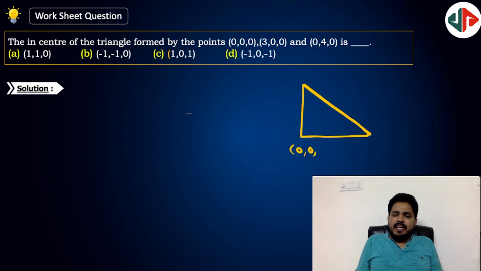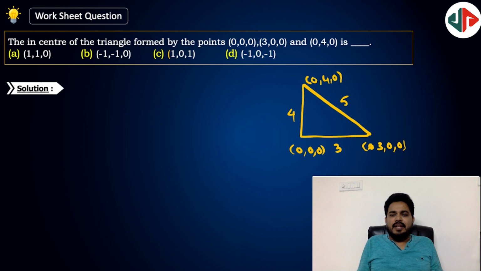Because it is in the xy plane, and this value will be 3 comma 0 comma 0, this is 0 comma 4 comma 0. So this length is 3 units, this is 5 units, this is 4 units. 4 into 3, 12 by 12. So that is 1 comma 1 comma 0.